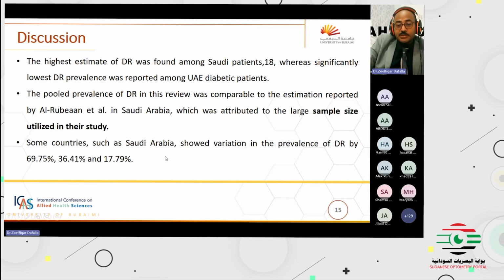Some countries, such as Saudi Arabia, showed variation in the prevalence of diabetic retinopathy. You'll find some studies reporting 69.75%, some 36.41%, and some 17.79%.